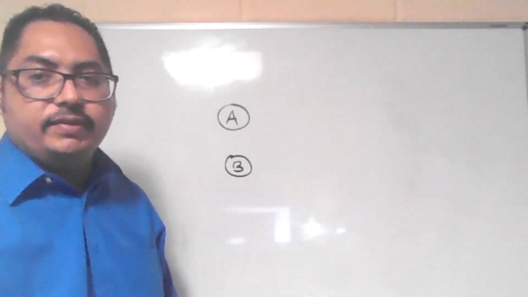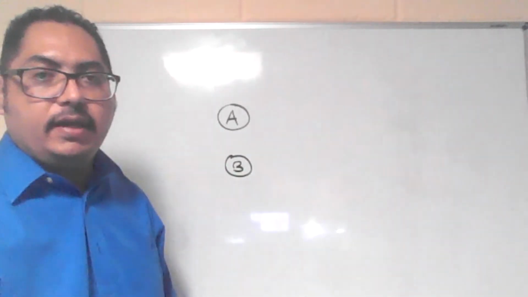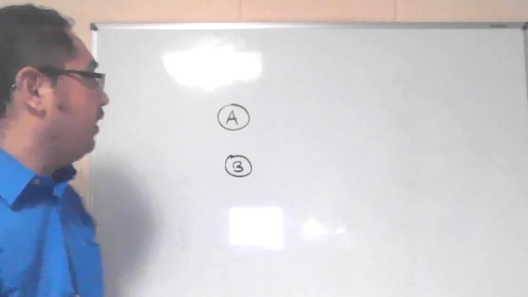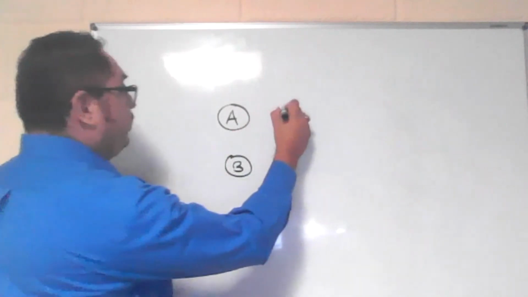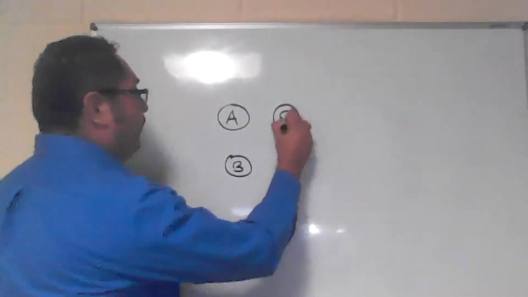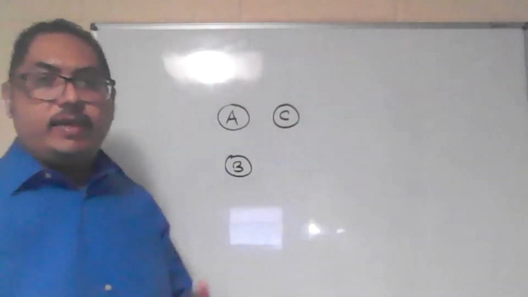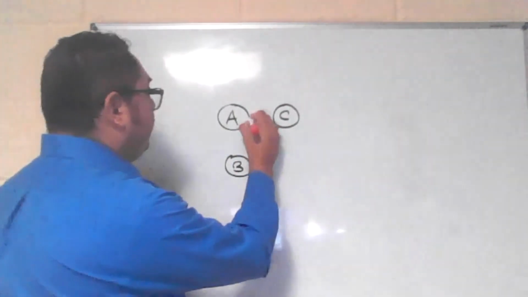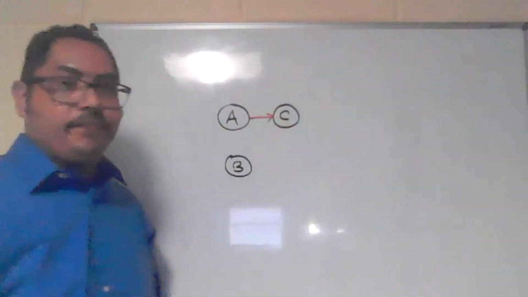We have both of these activities, and we have now activity C that follows activity A. We have activity C, and let's draw the arrow, activity A to C.